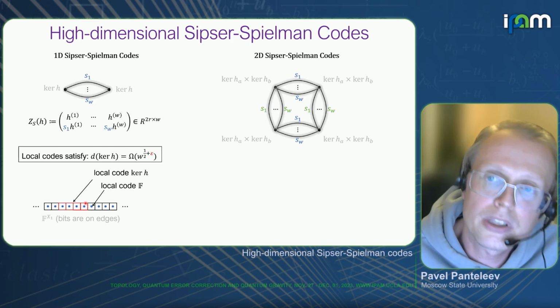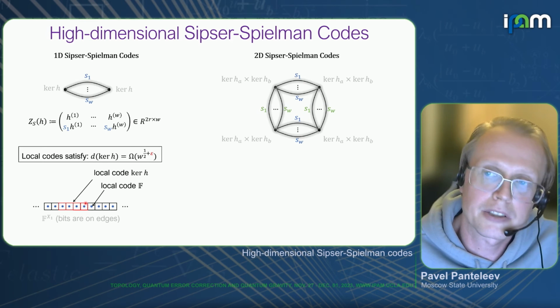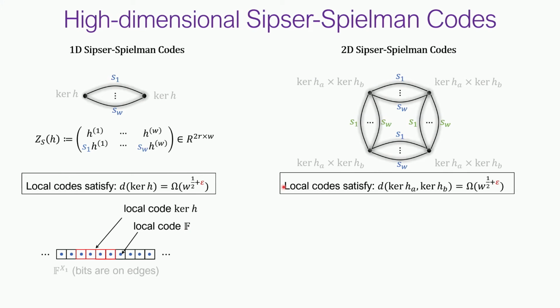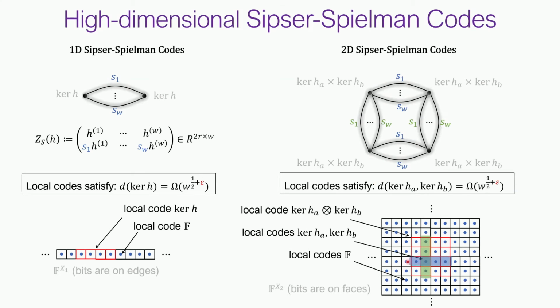And for two-dimensional Sipser-Spielman codes that are obtained using the tensor product construction, we have a very similar idea, but here we have a more general hierarchy of codes. So here we have 3 levels. The smallest level is the same. It's just useless constraints for each individual bit.